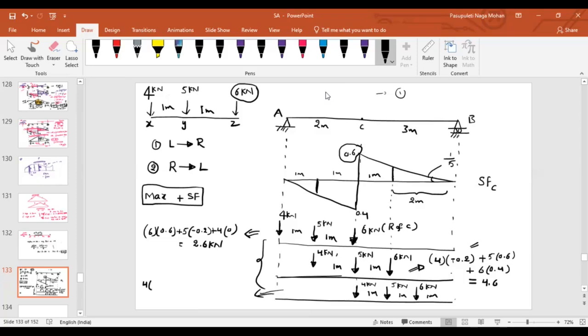Now similarly, come to this case. 4 into 0.6 plus what is the ordinate under 5? 5 and 6 are under the same ordinates in the third case and the previous case. 0.4. What is the ordinate under 6? It's not 0, sorry, sir. Okay, sir. 1 meter and 1 meter. Total how much? 2 meter. From here to here, how much? 2 meter. From here to here, 1 meter. Still 1 meter is left.